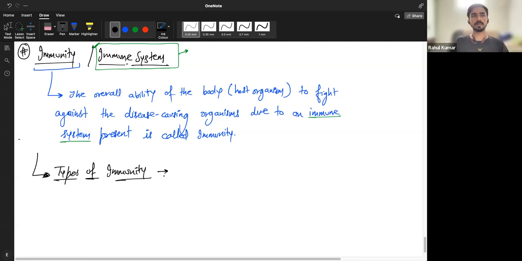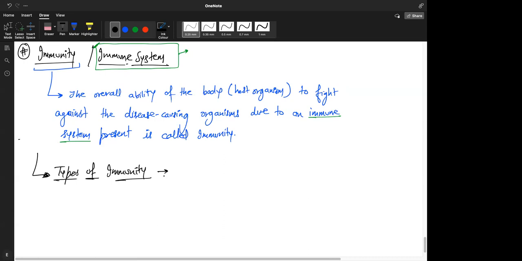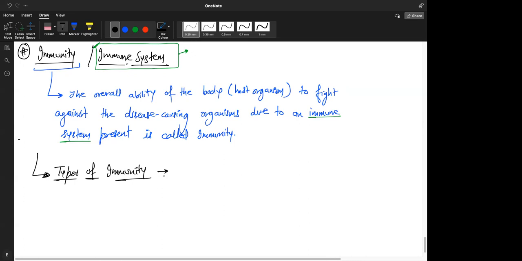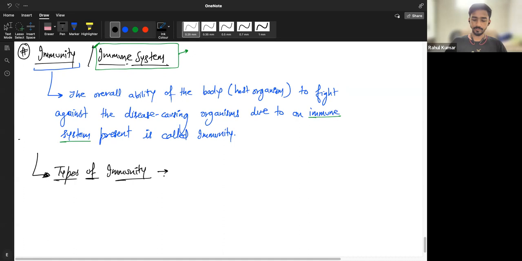Okay, but what about plants? Do you think plants have immunity? They have innate immunity, but they also don't have skin, right? But they have outer layers. Bacteria also has a cell wall, no? Yes, sir.